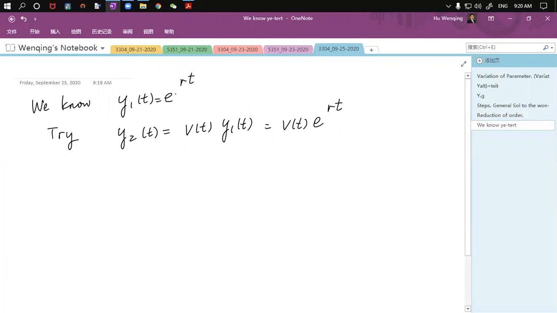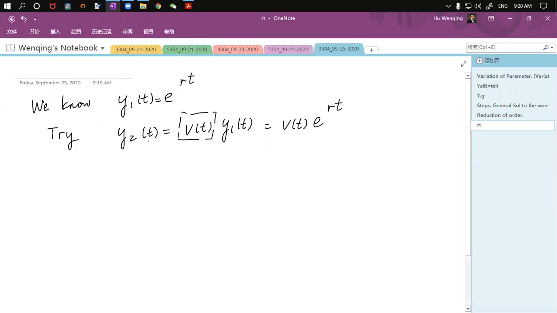Suppose you know the first solution, then you try that the second solution is a multiple of the first solution by an unknown function v(t).